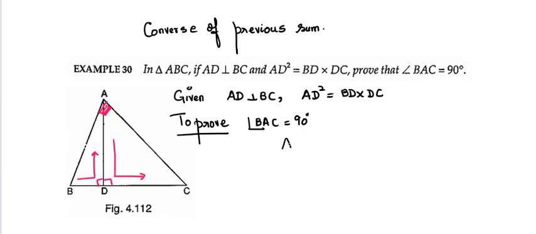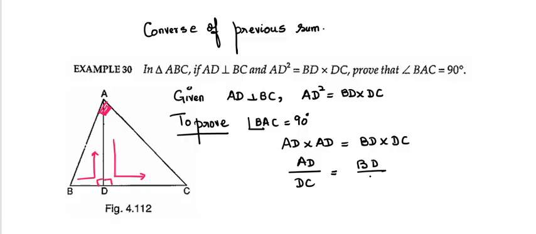Very simple. AD square, write AD into AD, equals BD into DC, rearrange it. AD by DC is equal to BD by AD, and we all know why I put this arrow mark. When you are writing the 90 degrees, Samyukta, write it as BDA and ADC only. That's why the arrow mark. Yes, ma'am. You have to write in the same pattern.